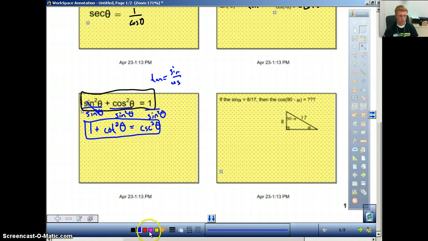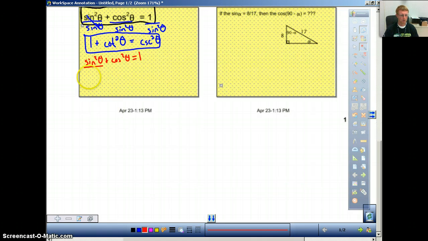Okay? Now the last one is, and I'll rewrite out the top one again, sine squared of theta plus cosine squared of theta is equal to 1. Now we're going to divide out cosine in this one. So we divide out cosine squared, and divide out cosine squared.